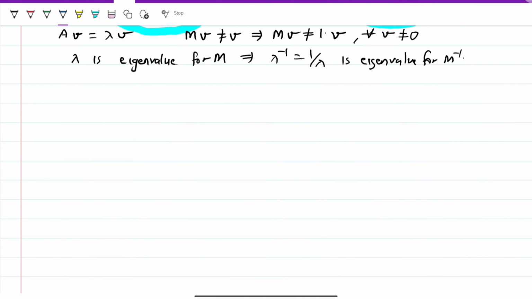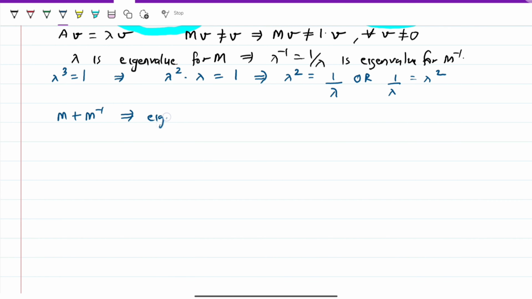Now we had that lambda cube is equal to 1, and from here, just factoring out a lambda, we get lambda square times lambda is equal to 1, and since lambda is non-zero, we can say that lambda square is equal to 1 over lambda, or alternatively 1 over lambda is equal to lambda square. If we talk about the matrix M plus M inverse, then its eigenvalues are lambda plus 1 over lambda, and for 1 over lambda we can replace it by lambda square.